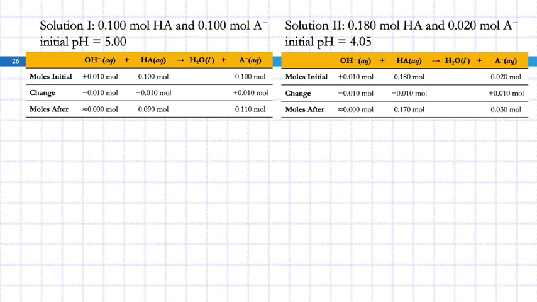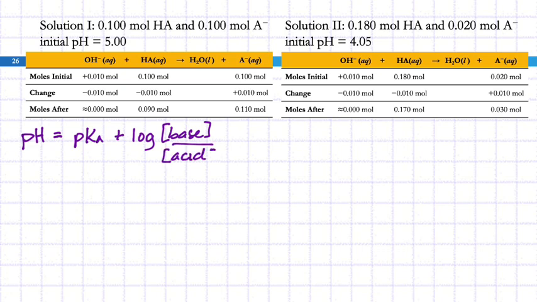I think we can use Henderson-Hasselbalch. pH is pKa plus the log of base over acid. So the pKa for this buffer is 5 plus the log of the base concentration, the A minus, 0.110, divided by the acid concentration, 0.090.